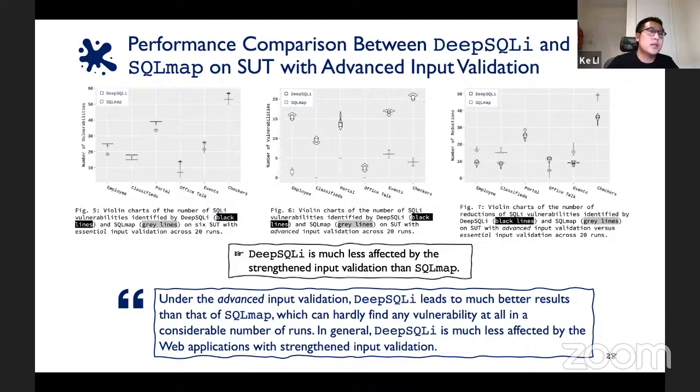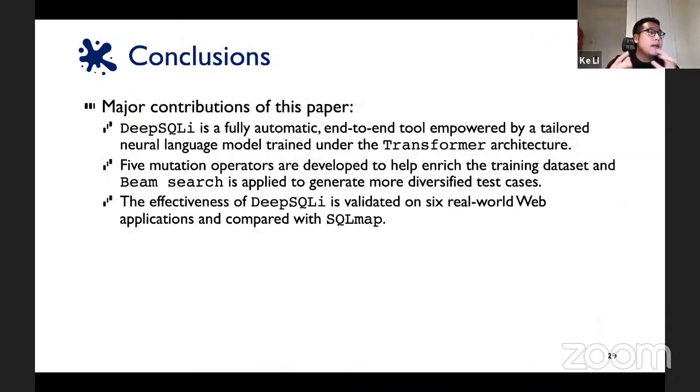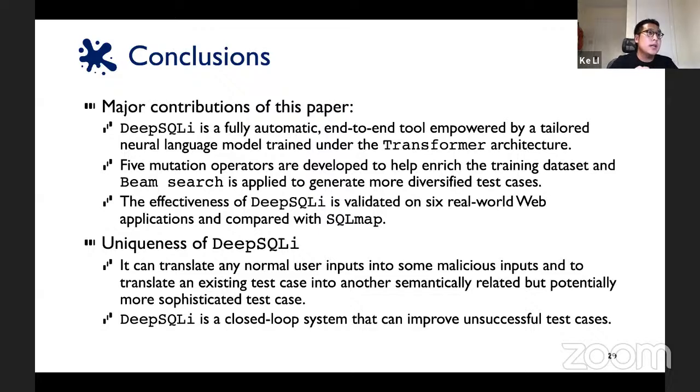So at the end, I would give a very short conclusion about our contributions. We propose a fully automatic and end-to-end tool empowered by a tailored neural language model trained with the transformer architecture. And we propose methods to make our datasets and our test cases more diversified. The effectiveness is validated on 6 real-world SUT.